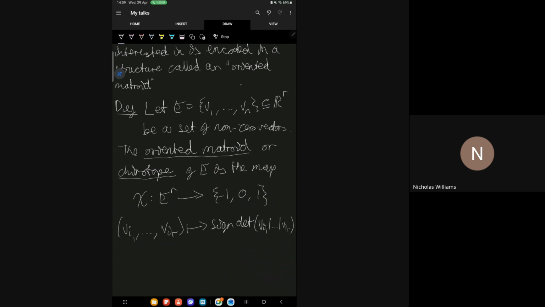Here I want to take n greater than or equal to r. Here r is called the rank.